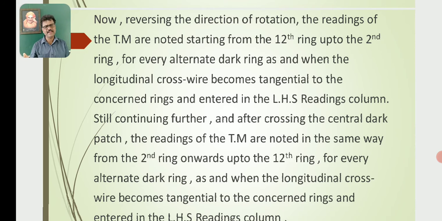Then further you can take the readings for alternating dark rings: 4th ring, 6th ring, 8th ring, 10th ring, then 12th ring. Take the corresponding MSR readings and CVD, and calculate the total reading for each case.